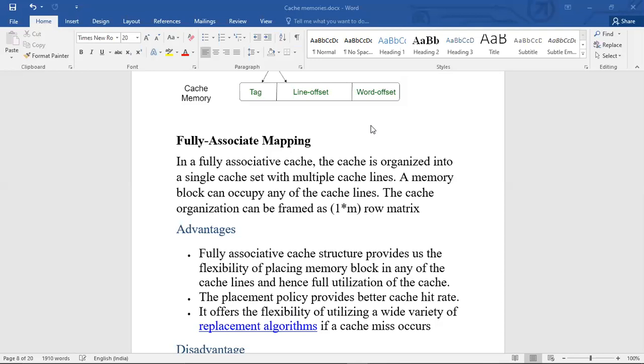So what actually is fully associative mapping? In fully associative mapping, the cache is organized into a single cache set with multiple cache lines. A memory block can occupy any of the cache lines. The cache organization can be formed as a 1 into m row matrix.